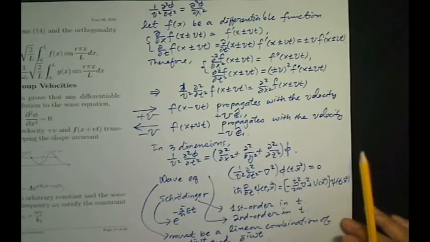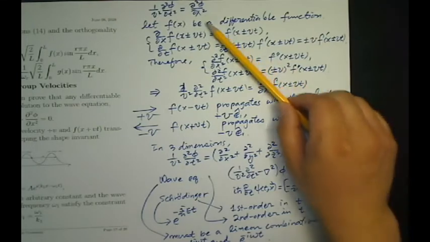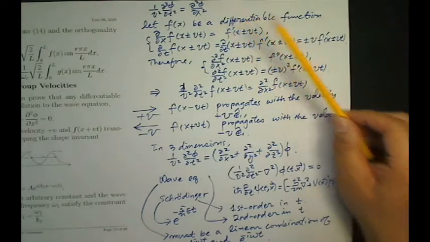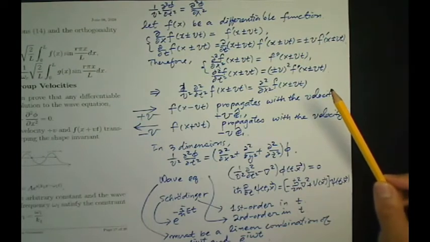We also consider the general solution in a different way. The wave equation is of the form, and the solution of wave equation is always a linear combination of x plus minus vt. Let's see.